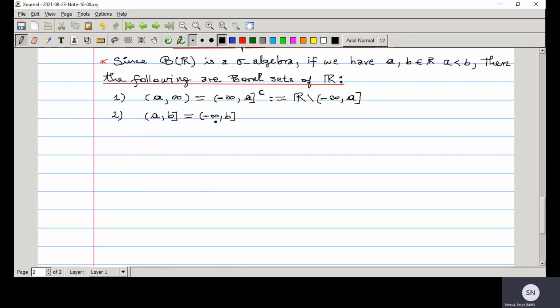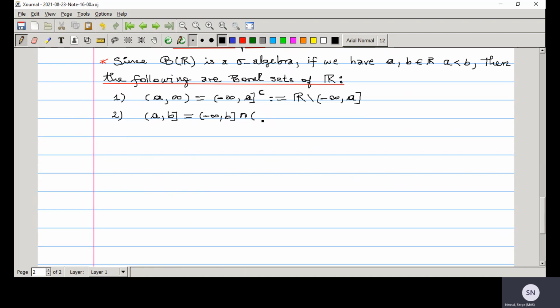So we know already that this is an element of the Borel sigma algebra. So we take that intersection with another element of the sigma algebra, that is this one. Because we have just shown, from result 1, that this interval is in R, so it is in the Borel sigma algebra. If we take two elements that we know already are in the sigma algebra, and we take their intersection, whatever form we obtain is an element of the sigma algebra.